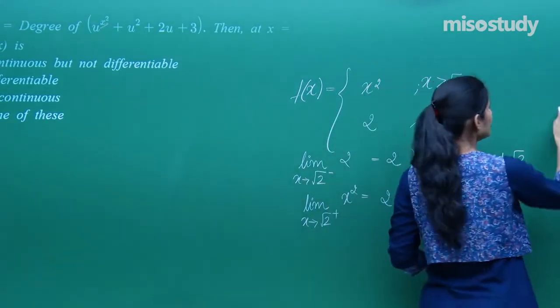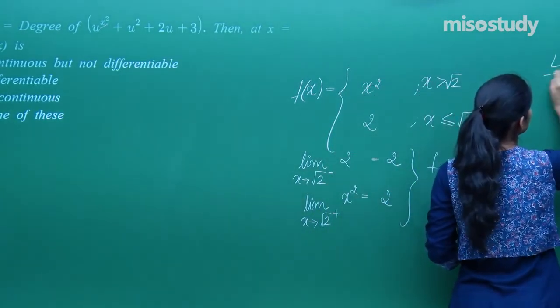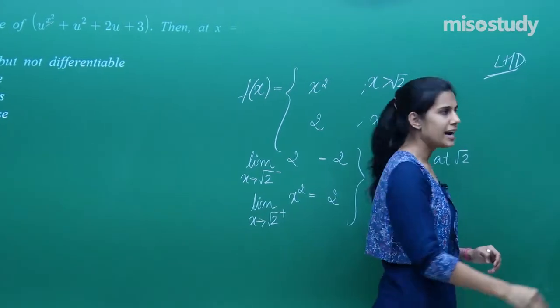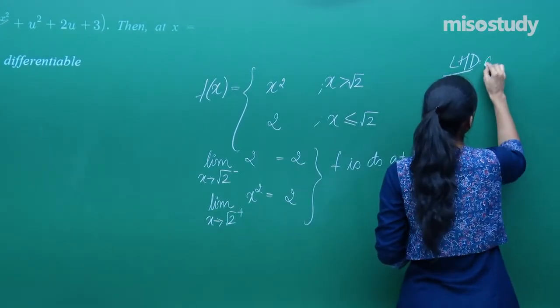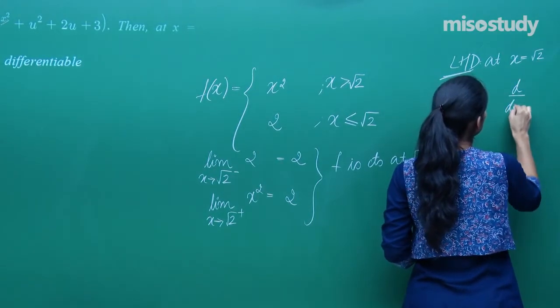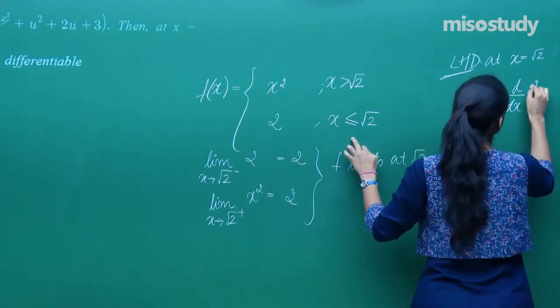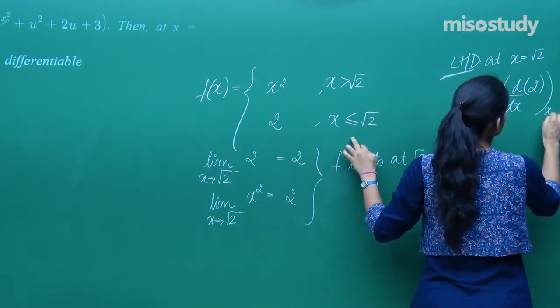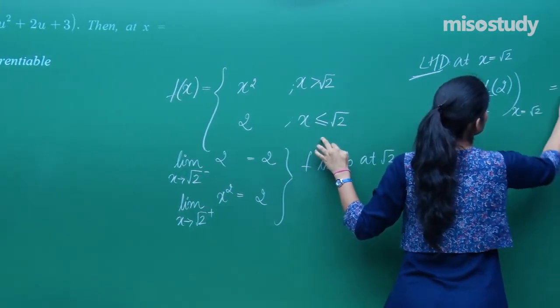What about the differentiability? Left hand derivative, if you talk about, what do we have over here? Left hand derivative at x equals root 2 means d by dx of 2 at x equals root 2, this is nothing but 0.